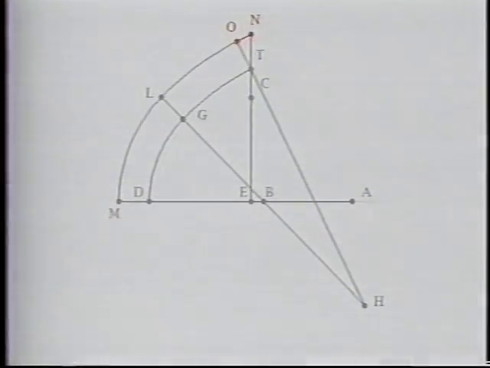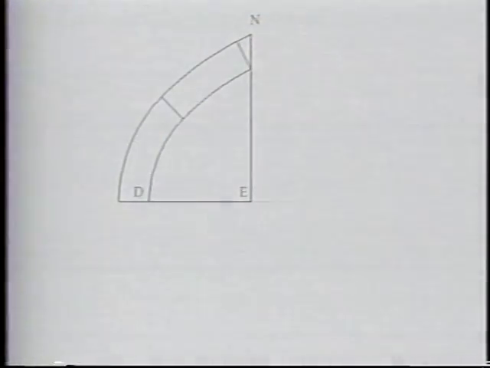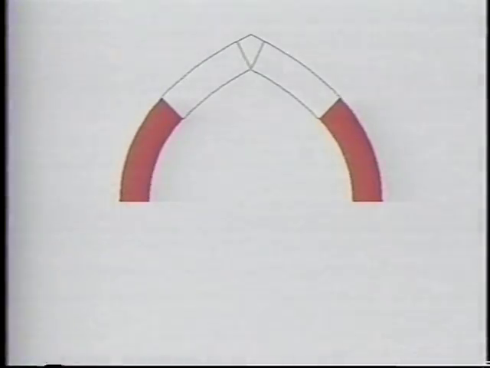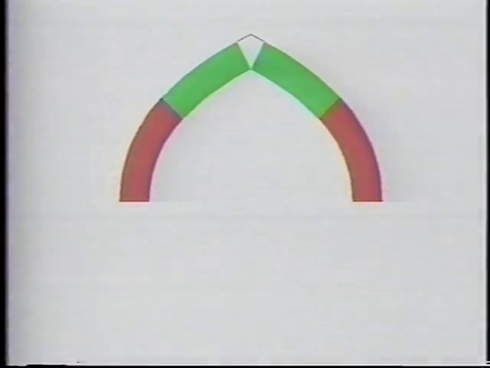In point O, we erect the perpendicular NO. Half of the arch is now completed. The second half is the same. The dome of the Mosque Qalian in Bukhara, a stork's nest on top, gives us an example.